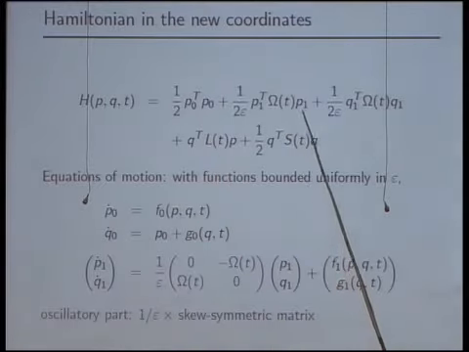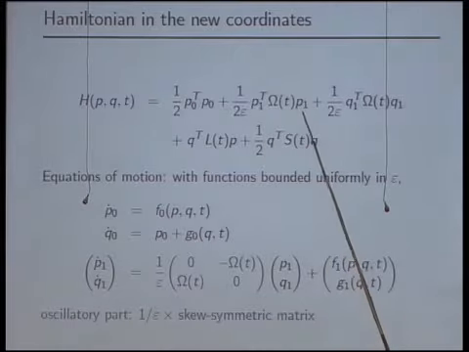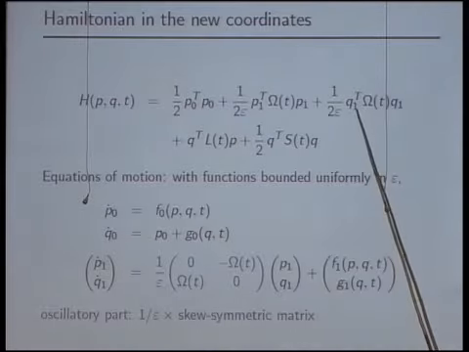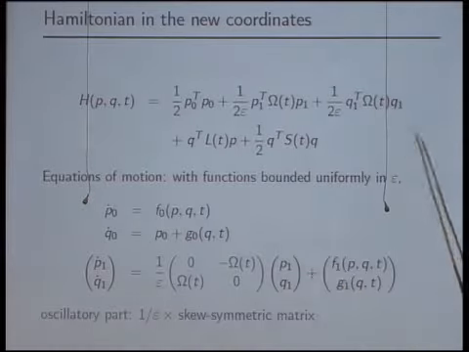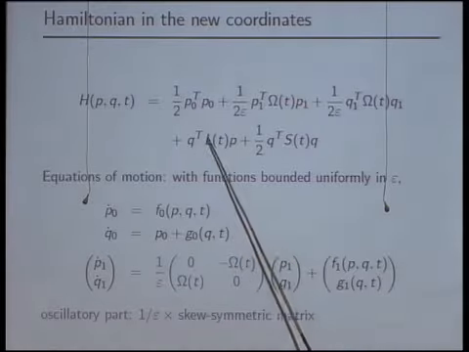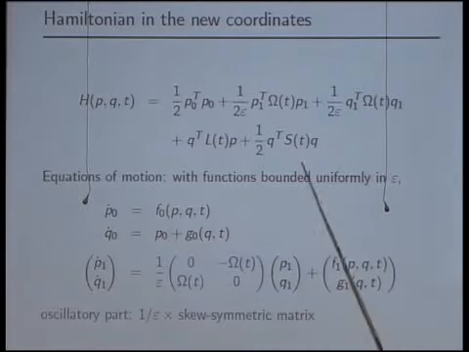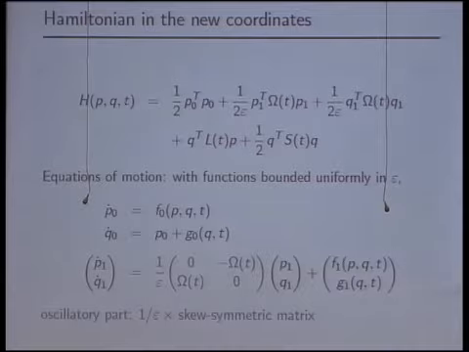There is a kinetic part for the fast variables, and this quadratic potential part with the same matrix, again, for the fast variables. And then we have some coupling terms, L between the Q and the P's, and the potential part with the symmetric matrix S of t appearing here.